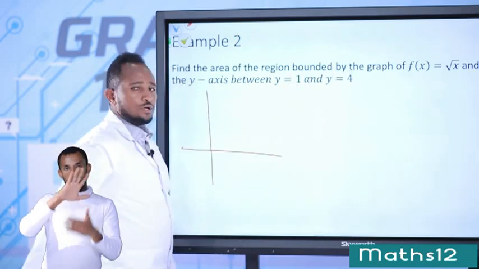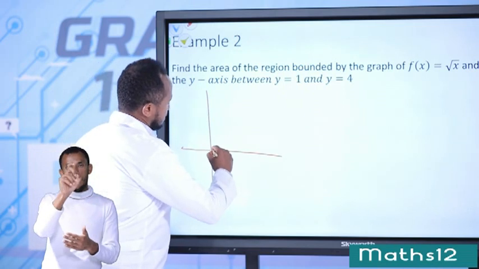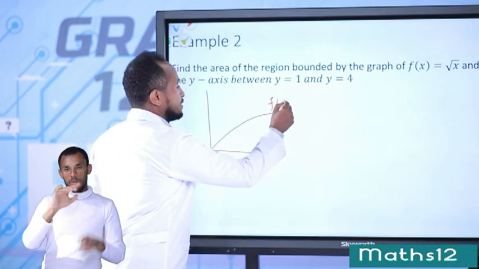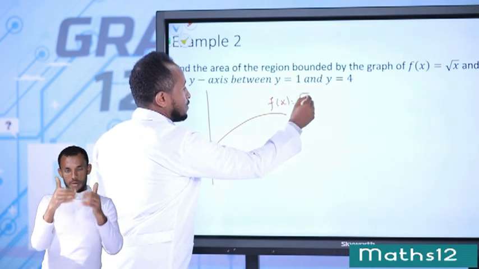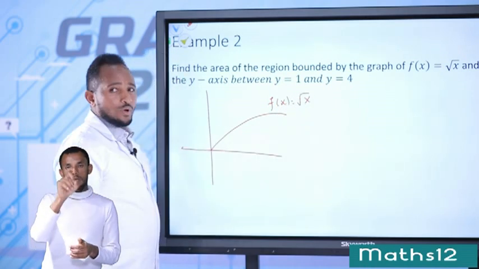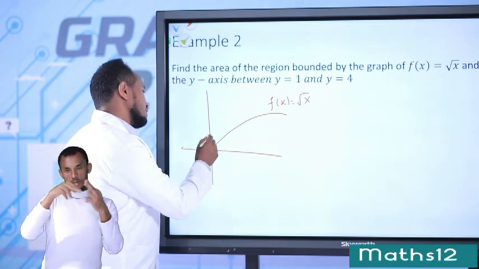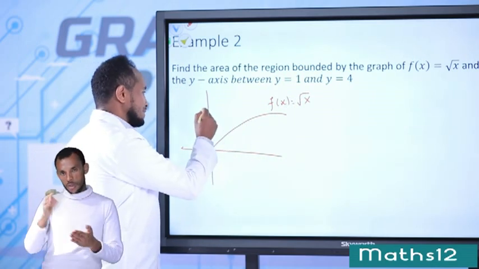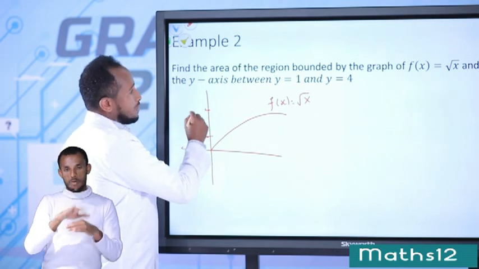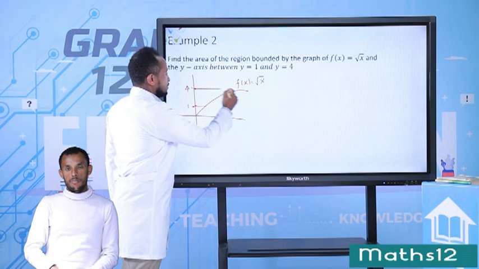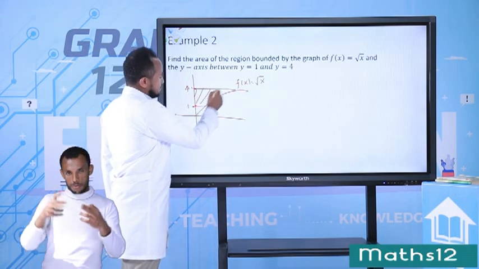This is f of x equal to square root of x. So we are asked to evaluate the region bounded by this curve and the y-axis on the interval 1 up to 4. This region.